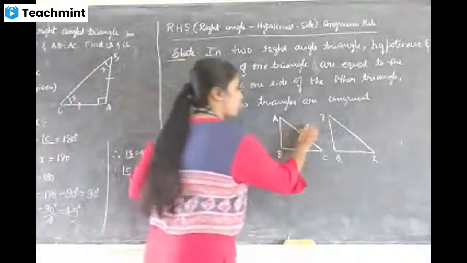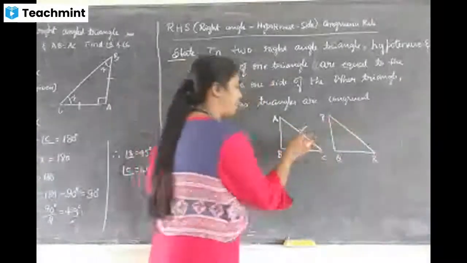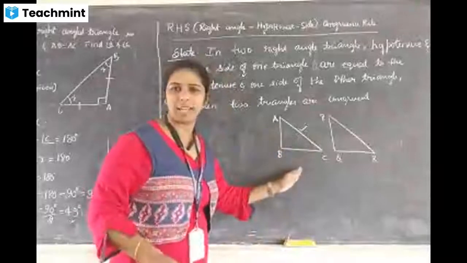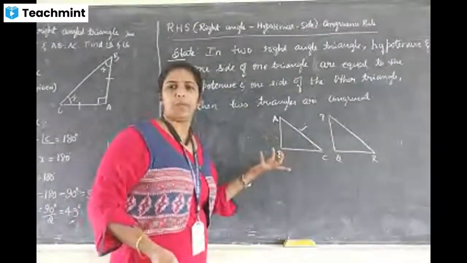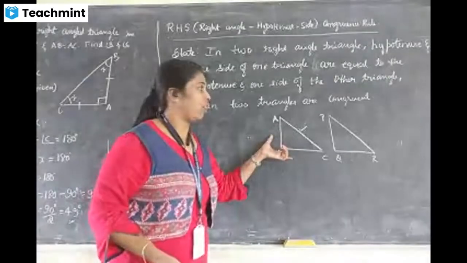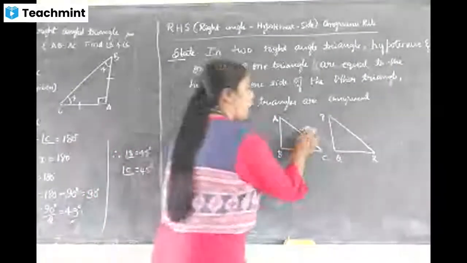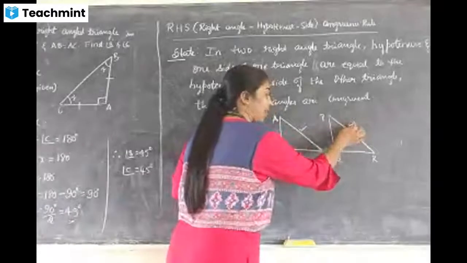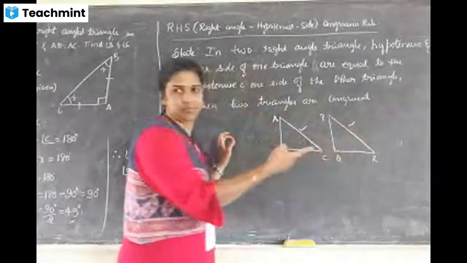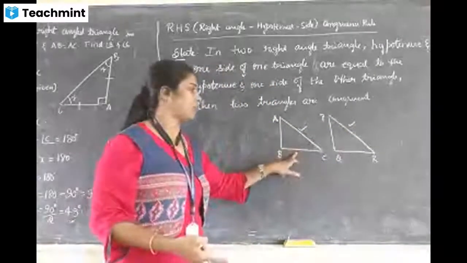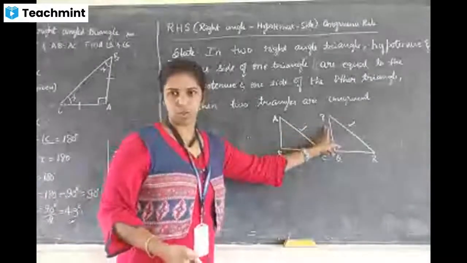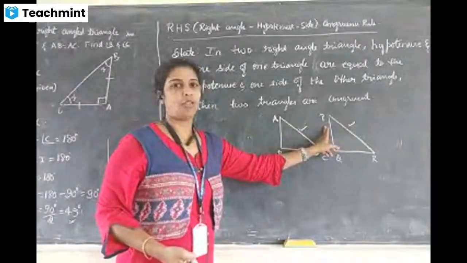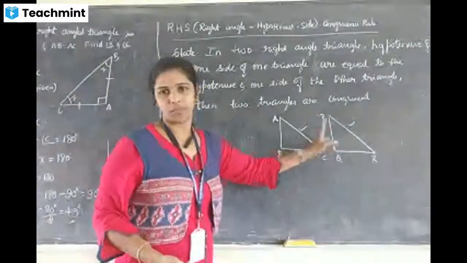So the hypotenuse and any one side of this triangle must be equal to the hypotenuse and the same side of that triangle. If you take this one here, the same should come here also. Understood?